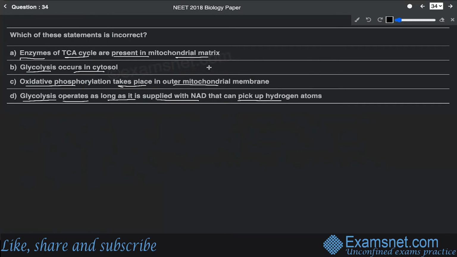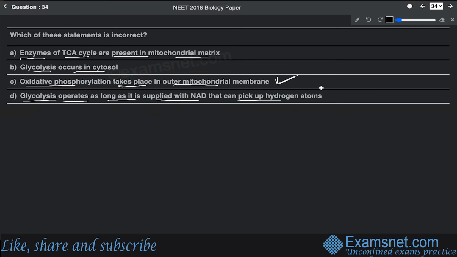So out of all the statements that we have read out, the incorrect statement is basically statement C over here, which says that oxidative phosphorylation takes place in the outer mitochondrial membrane.